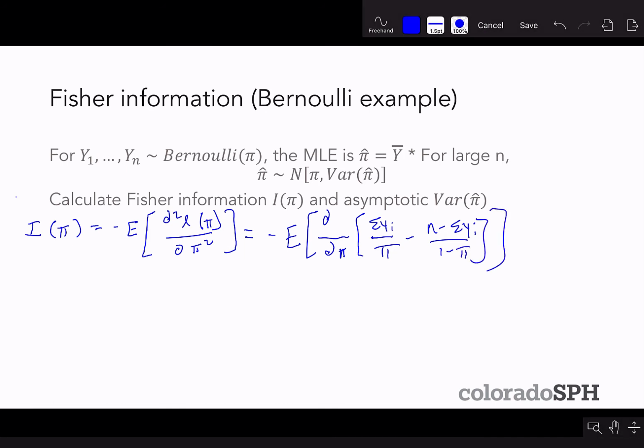And this quantity in the middle comes from the log likelihood of the Bernoulli distribution, which we calculated in the last lecture. So that's where we're getting that.